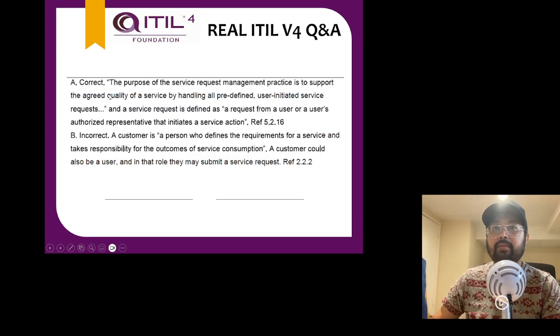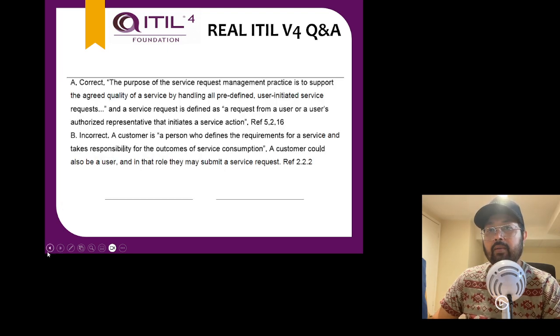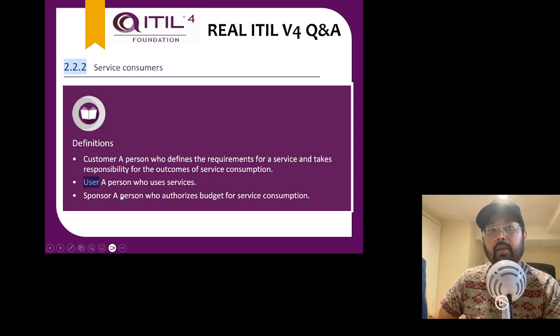Let's see the difference between correct answers A and B. B is also saying customer. From the question we could easily be puzzled whether it is a customer or a user. So here's the thing, there is a difference between a customer and a user.